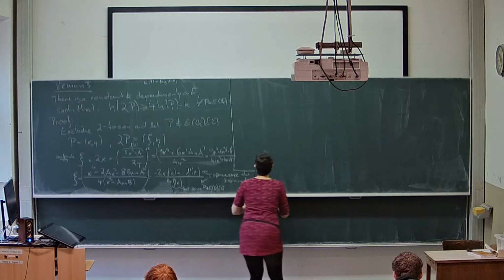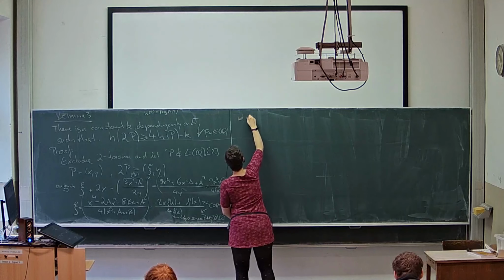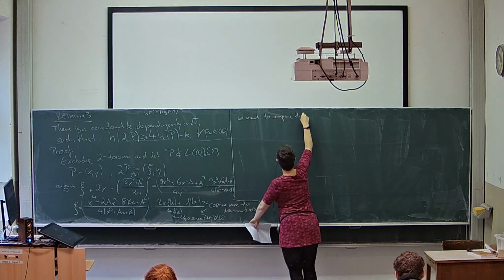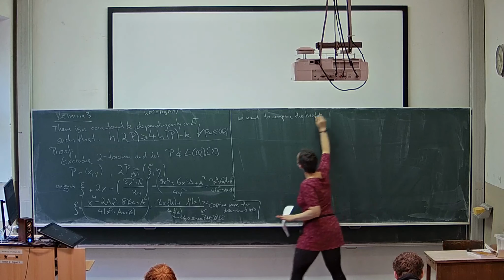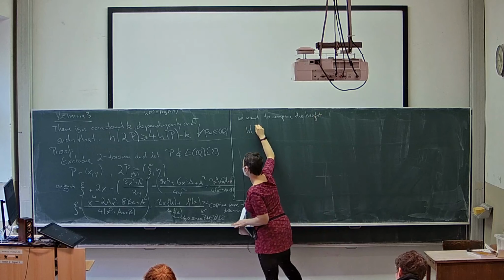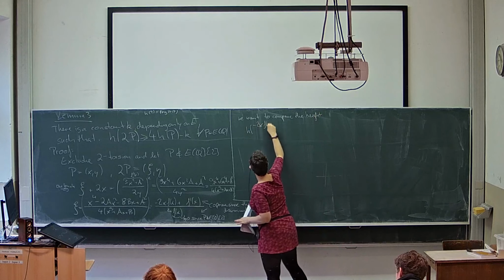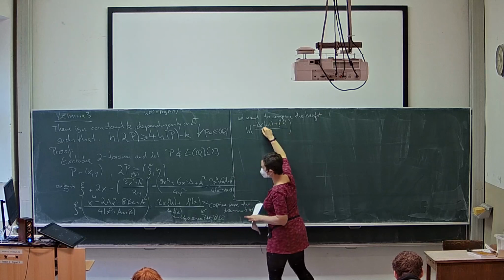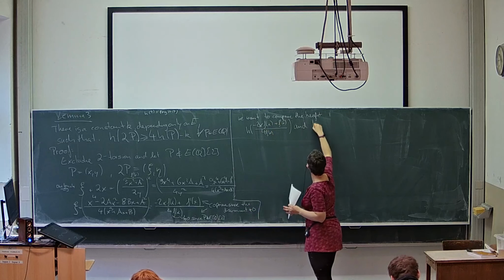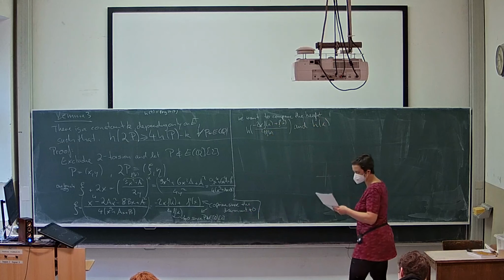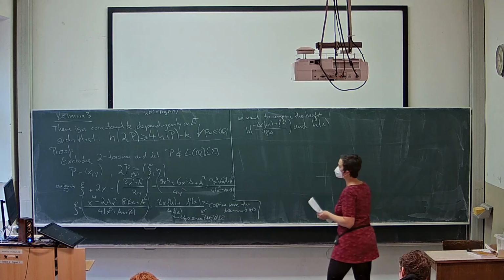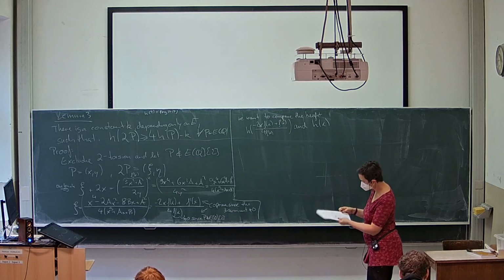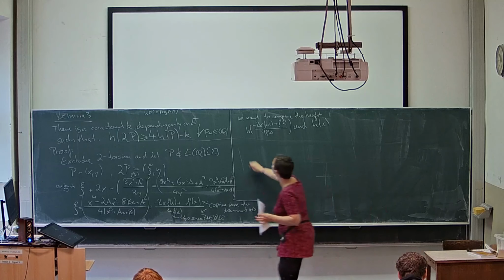We want to compare the heights, namely this and this, and we want to allow some constant k that depends only on E. So we will reformulate this.